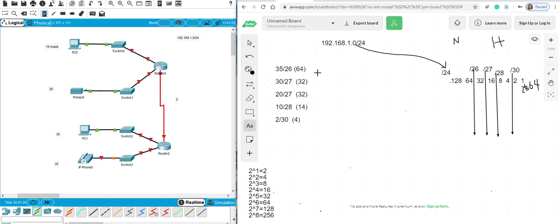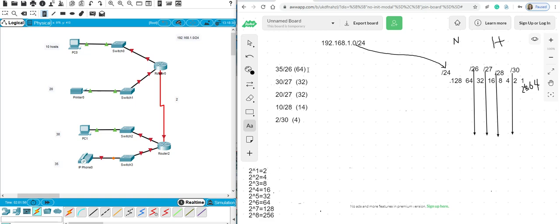Now, you see where I have written over here all of these numbers. Okay, you don't necessarily have to do that, but I do it just because it makes it a little bit easier for me to remember, because I'll show you. Once you get this part down pat, you really just have to do the math on it, and that's it.